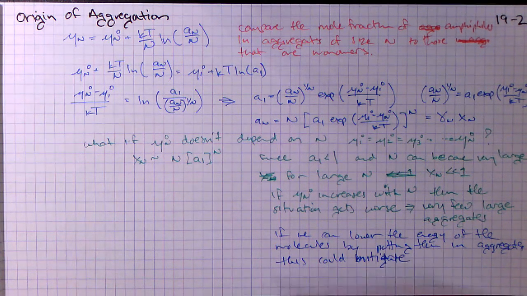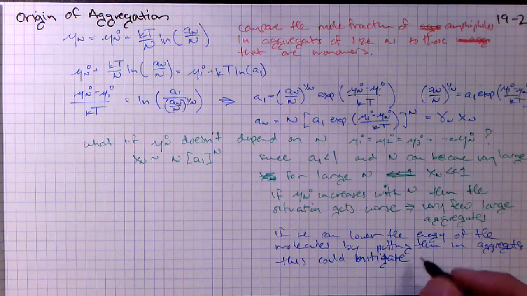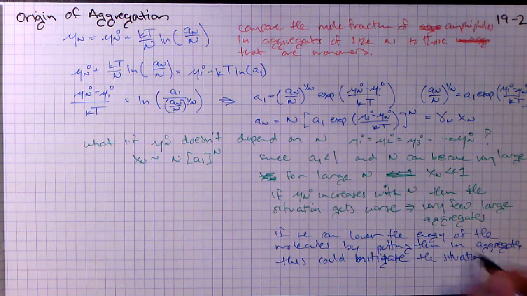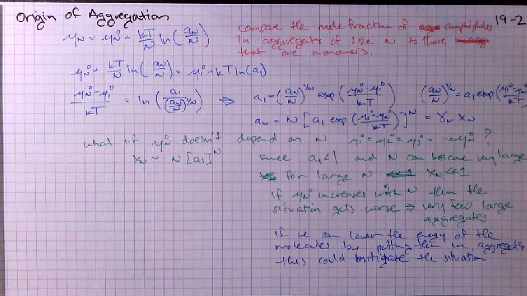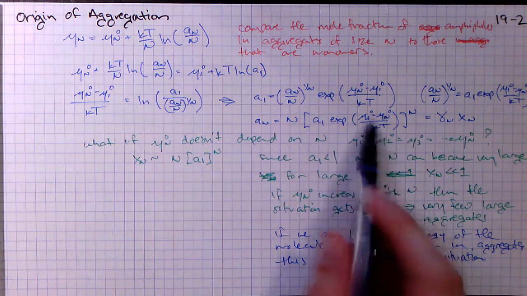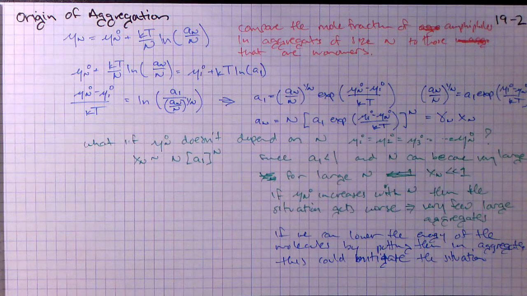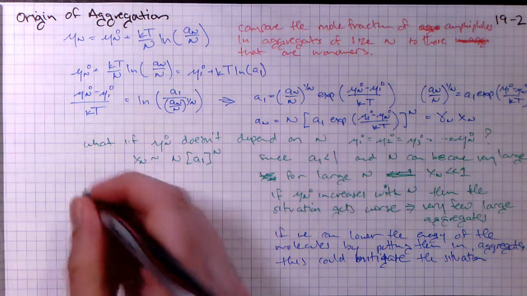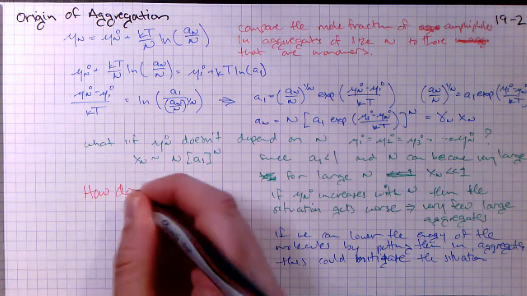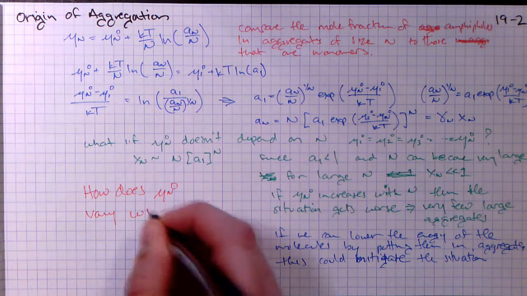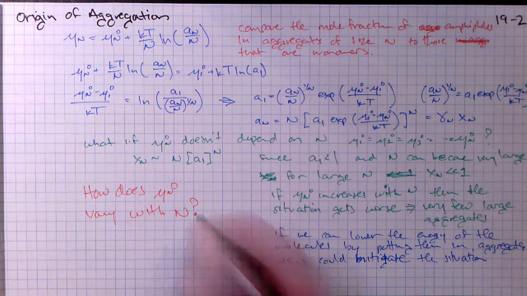It could help drive to have larger aggregates. Okay. And so we need to look carefully at how we expect mu n0 to vary with n, right? So the next thing we're going to ask is, how does mu n0 vary with n?